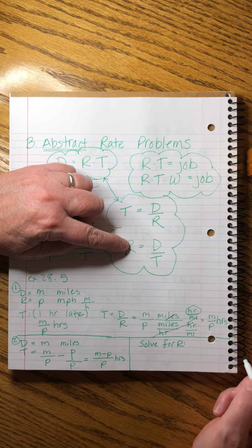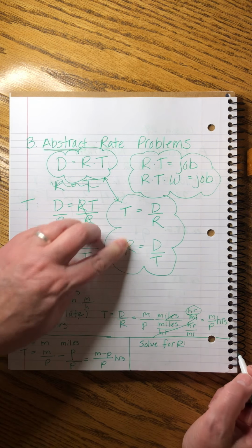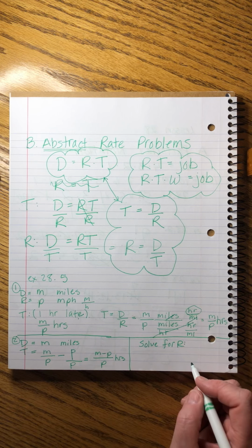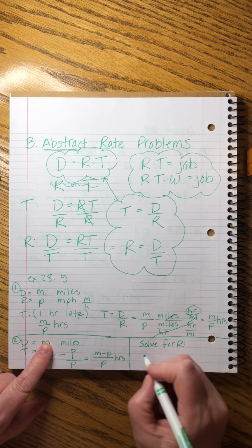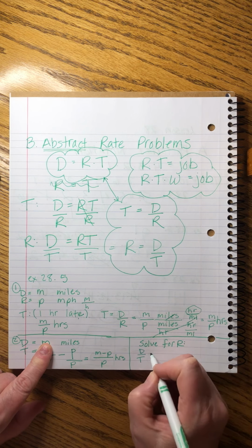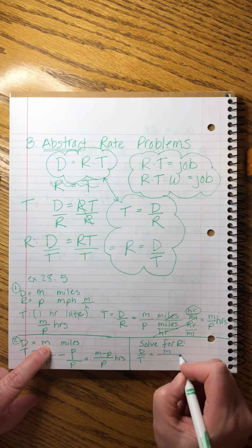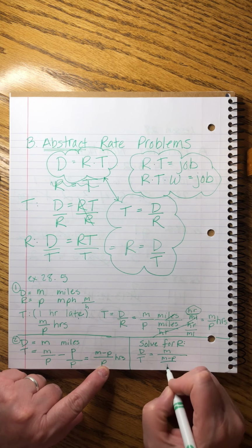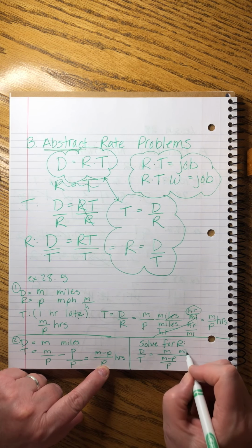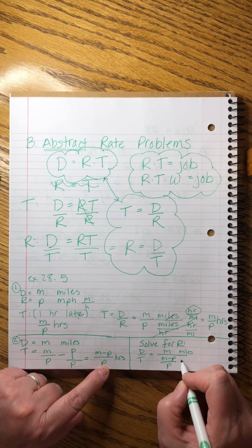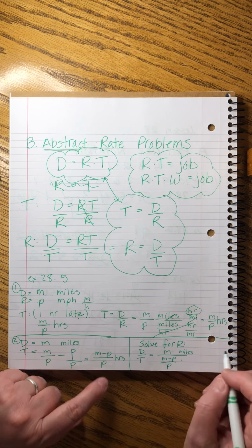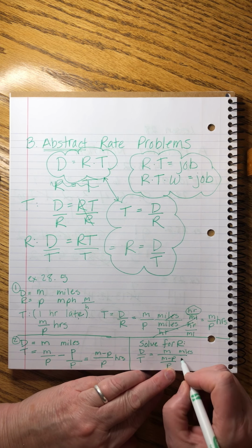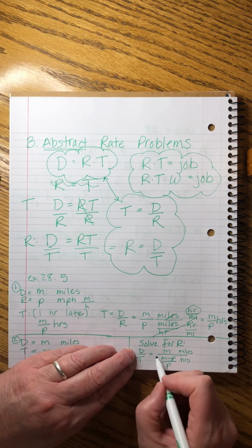R equals distance over time. So it's going to be distance over time equals, the distance is m, the time is m minus p over p, this is miles, this is hours. Do I want to write that in there? I kind of don't, but I kind of do. I'll write it in.